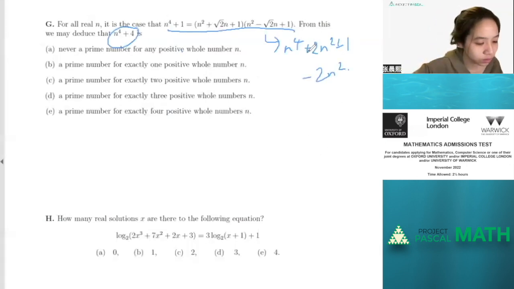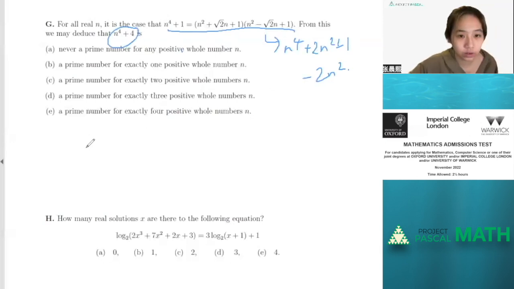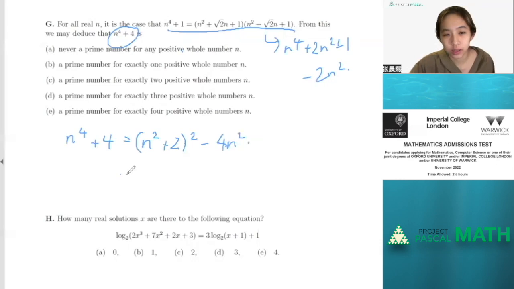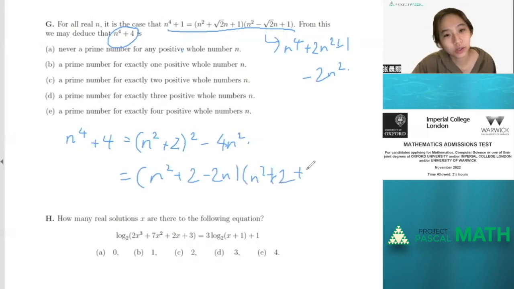Okay, so for g, you still realize that n to the power 4 plus 4 equals n squared plus 2 squared minus 4n squared. And so this gives you (n squared plus 2 minus 2n)(n squared plus 2 plus 2n).